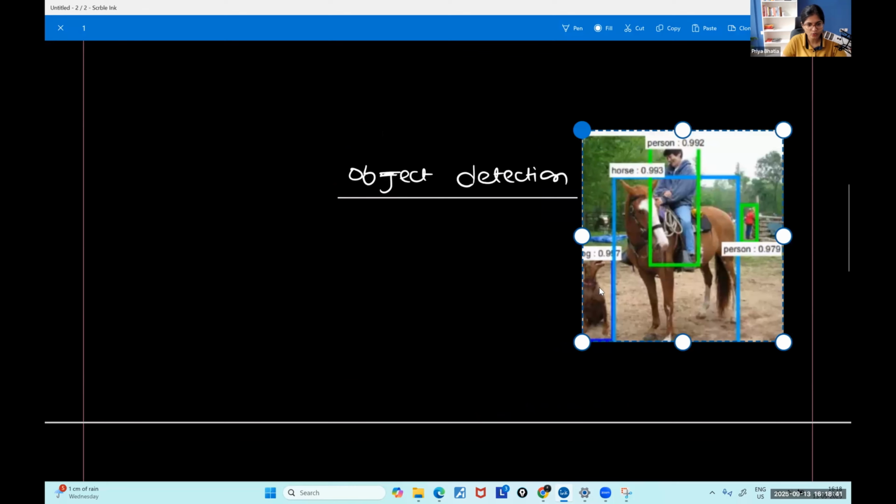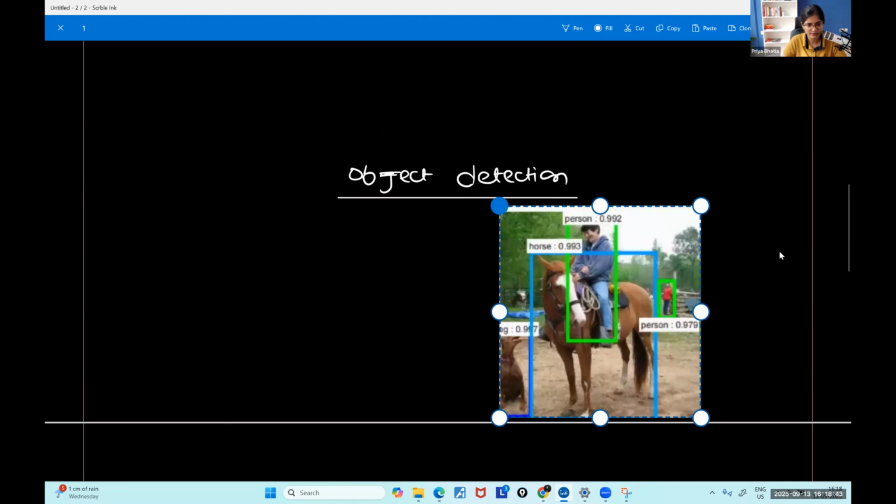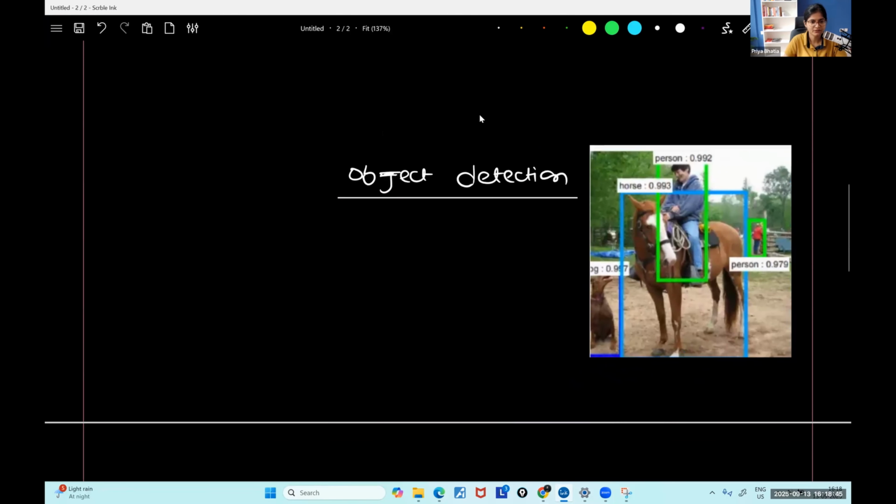Detection means that whatever you can see here, for example, you provide one image to the model. Now the model can automatically see multiple objects in that image, and it will automatically give us the answer that, okay, this is a horse, this is a dog. In the lower part, you can see a person is there.